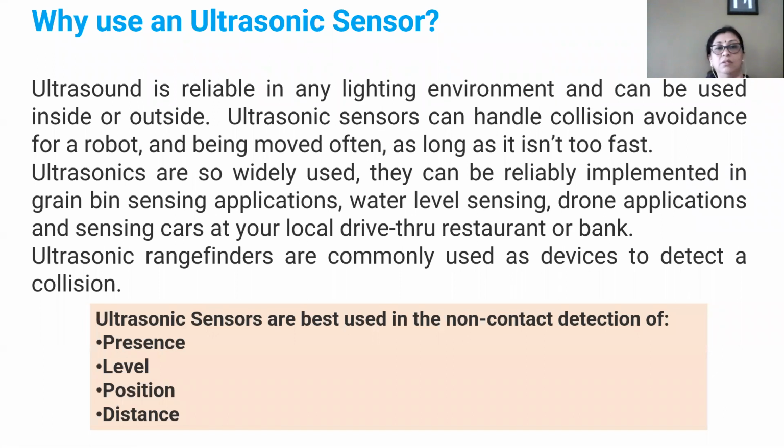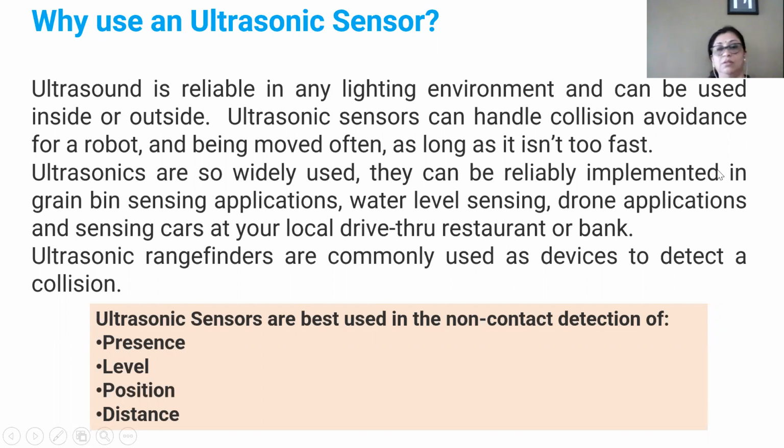Now here you can observe that these types of sensors are non-contact sensors, and they are used to detect the presence of an object, the liquid level, water level, the position of an object and the distance of the object from the source.